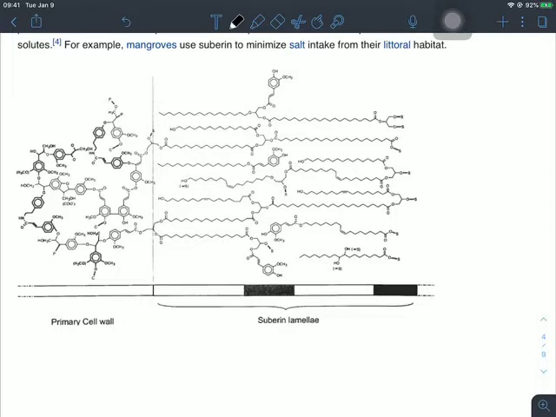So you may have some primary cell wall here. This is actually kind of what lignin will look like. And then what suberin looks like in the lamellae, meaning the layered secondary cell wall. So you've got these things connected as these giant molecules that are really hard to break down.